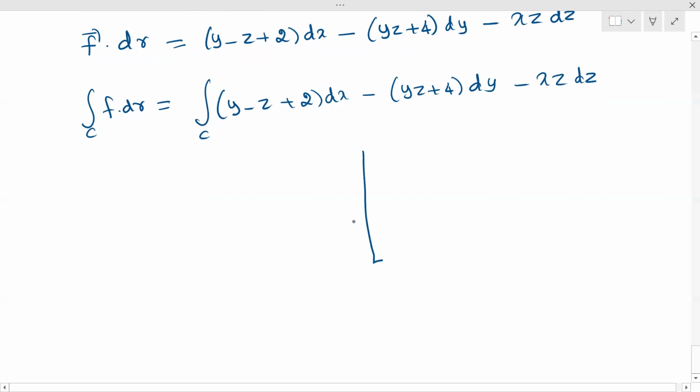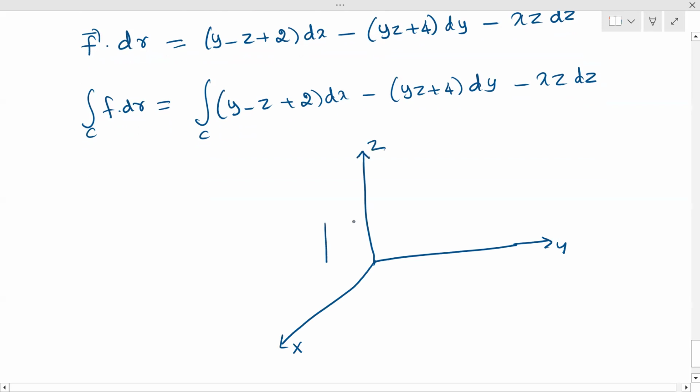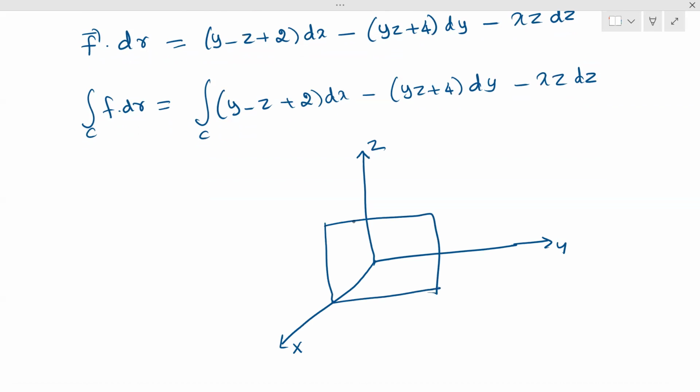First we need the diagram. Here they have given the dimension of the cube, and it is a cube above the xy plane. So here we mark OA.